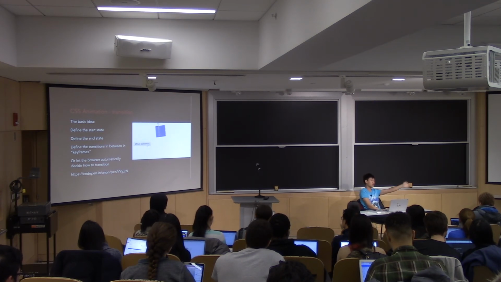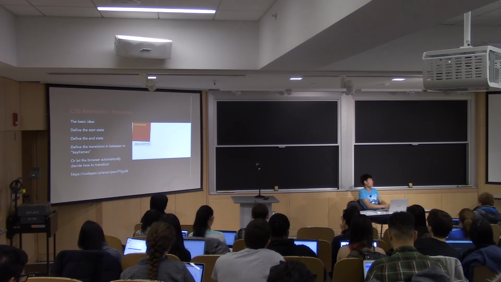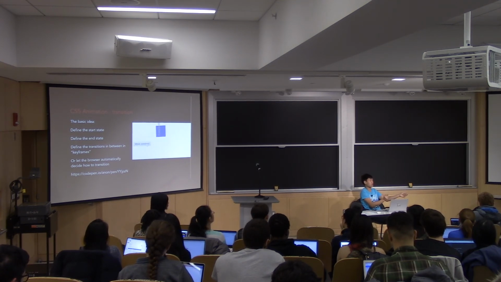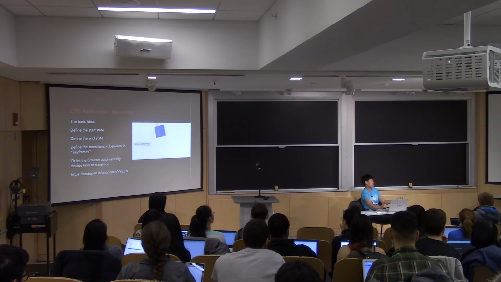If my initial color is red and the final color is blue, just figure out how to transition from red to blue. And usually the browser will do some linear transition. But you can also specify the exact transition yourself. You can say my beginning state is red, my final state is blue, but in between it becomes white, or black, or green, or whatever you want it to be. So you can do anything.